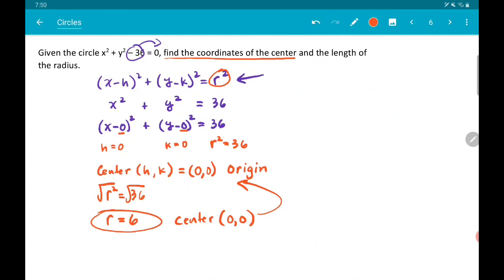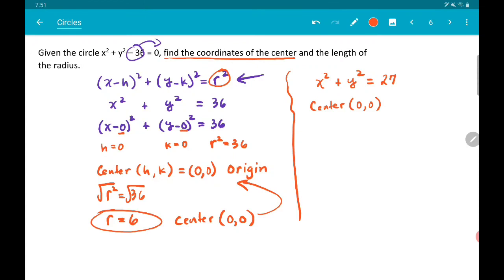So this is actually quite easy. If I, for example, give you x squared plus y squared is equal to, let's say, 27, what is the center and radius of this circle? You know already that the center is at 0, 0.